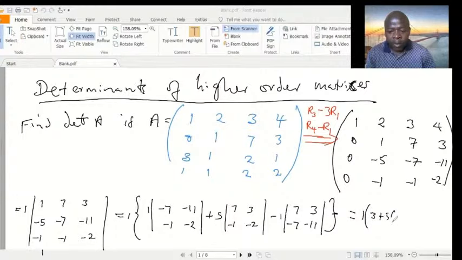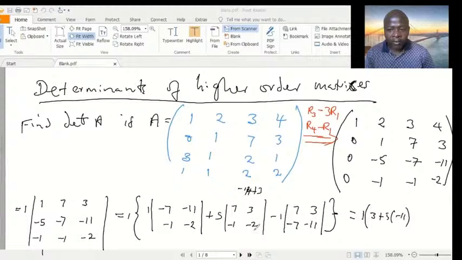Plus 5 multiplied by, this will be negative 14 plus 3, which will be negative 11. We now get determinants, so it's very easy here. This product minus this product.